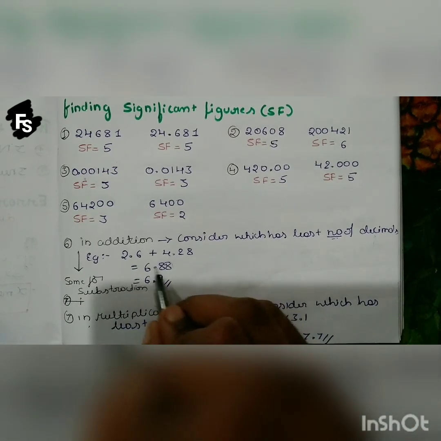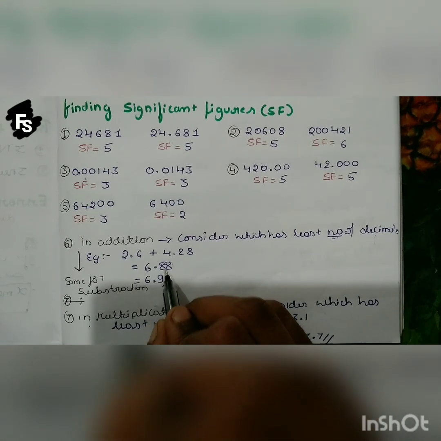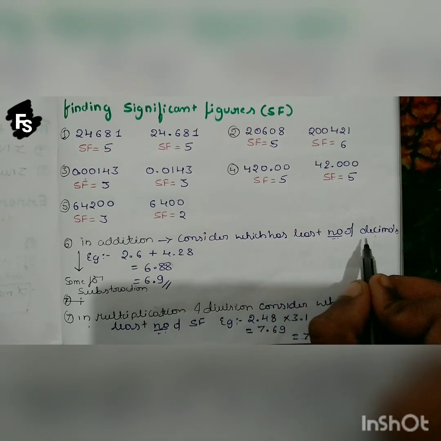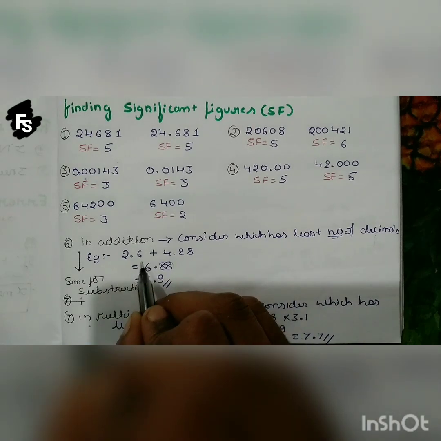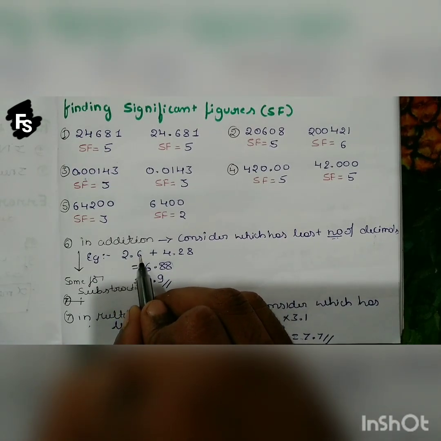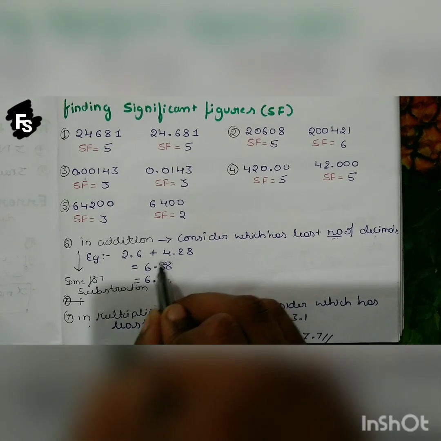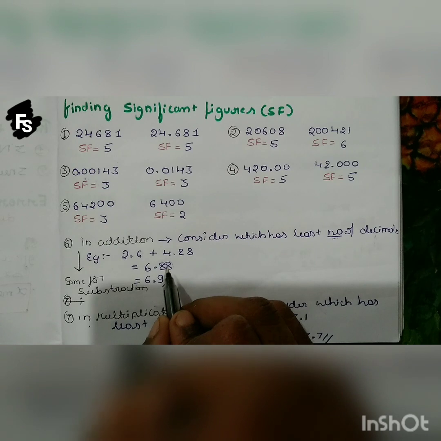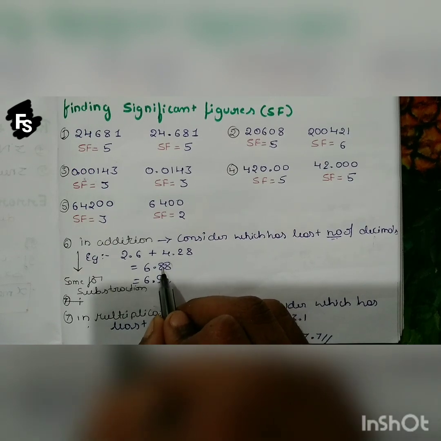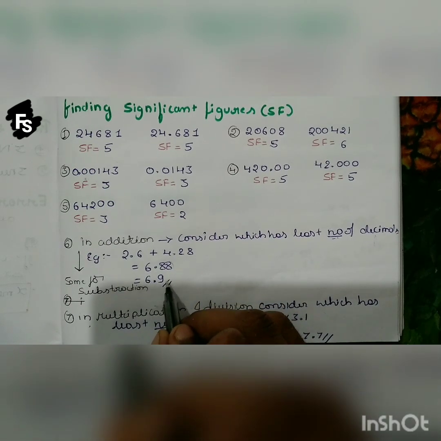Here the result comes as 6.88. But we have to see the least number of decimals. 2.6 has one digit after the decimal. So we have to keep the result as one digit after the decimal. So the 8 rounds up, and we get 6.9. This is the result.